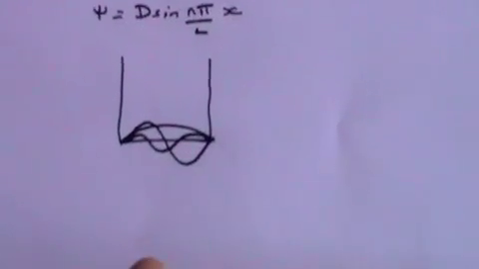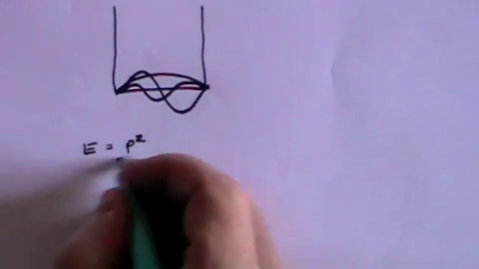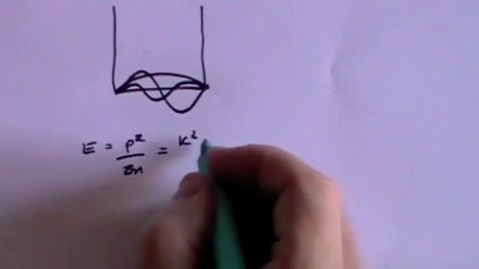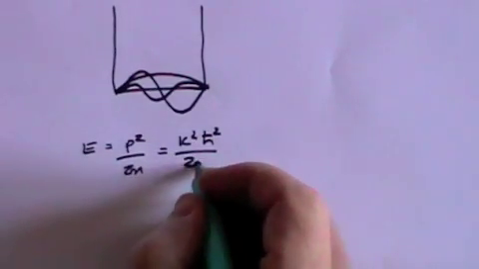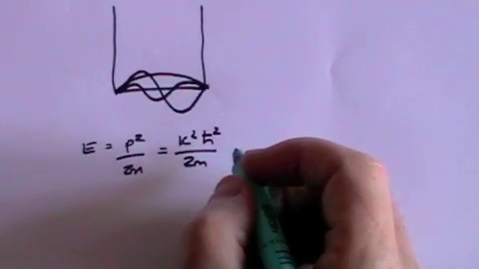What about energy? Well, energy is p squared over 2m, which equals k squared h bar squared over 2m. But we know what k is.